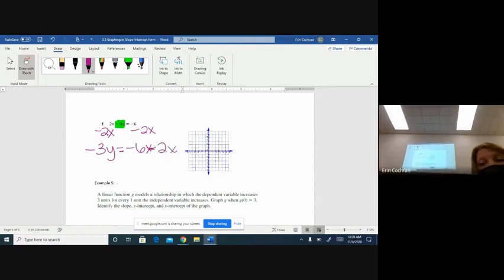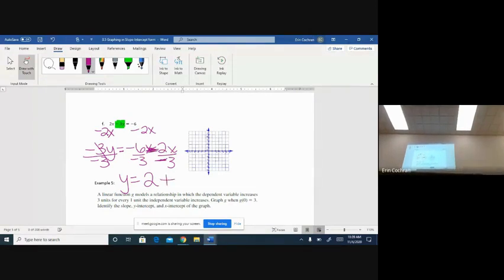All right, now how do I get rid of that -3? Divide by -3 to everything. So that cancels y. What's -6 divided by -3? +2. What's a negative divided by a negative? Positive. So I'm going to put a plus sign.